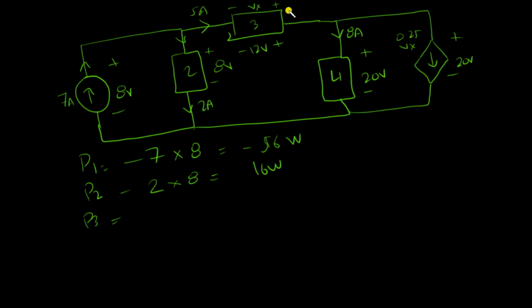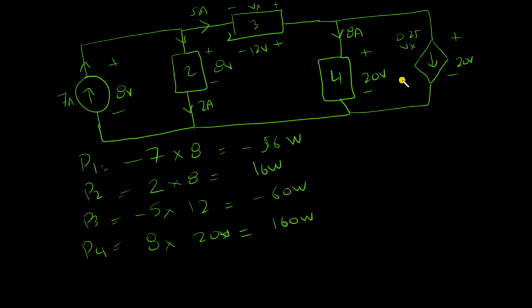So the current entering the positive terminal will be minus 5. Minus 5 multiplied by the potential difference, which is 12, gives minus 60 watts. We just need the current entering the positive terminal. In element 4, the positive terminal is up and the current entering is clearly 8 amps. So it is 8 multiplied by 20, which means 160 watts.